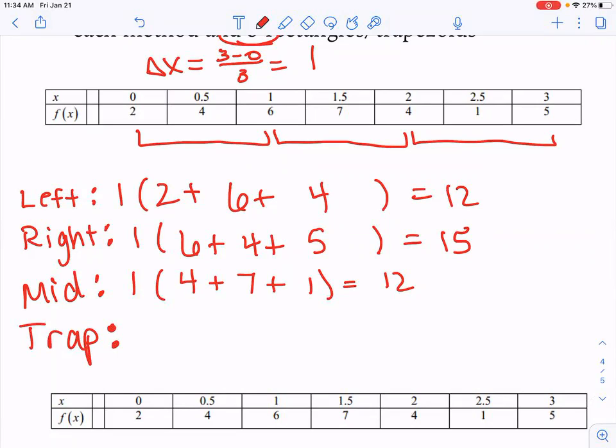Now, this is the last thing, the trapezoid. We always have the 1/2 times delta x is our height times we have our very first base plus 2 of our next base plus 2 of our next base plus 1 of our last base.